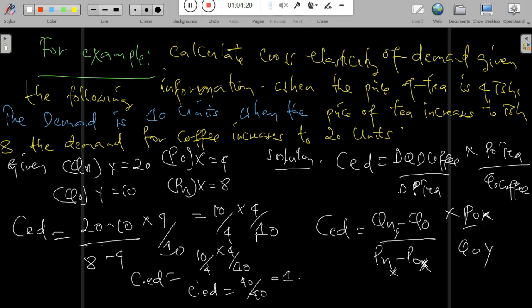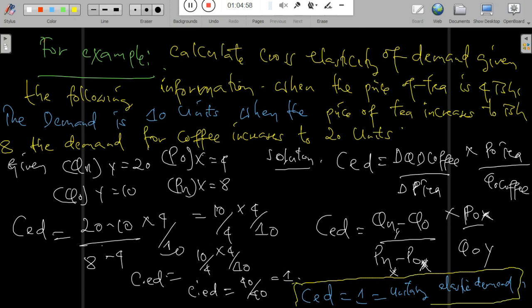So when you plug in, it will be 20 minus 10 divided by 8 minus 4, times 4 over 10. That will give you 10 over 4 times 4 over 10, which gives 40 over 40. When you divide 40 by 40, the cross elasticity of demand is equal to 1.